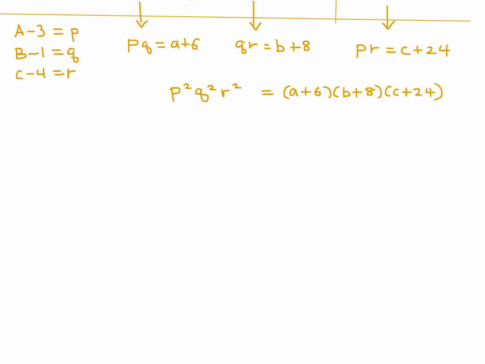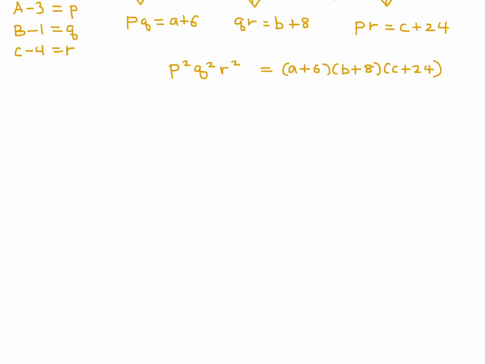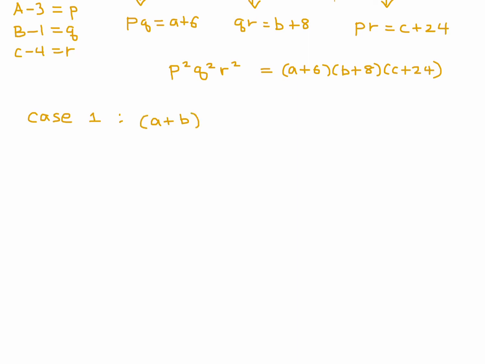Okay, so now we have to talk about this. This is where the question has to be discussed. What type of cases? Case number 1 is when this part, we consider it being equal to 0. Actually, let me make the first one less than 0. I think that will be a little bit easier as a first case.